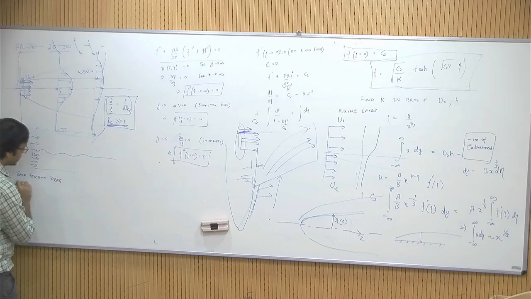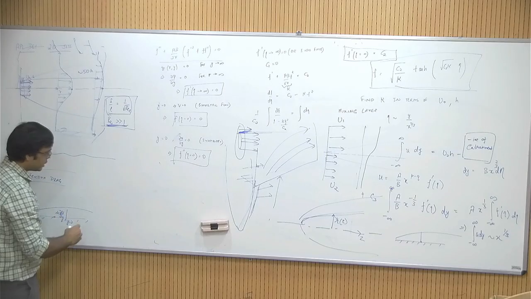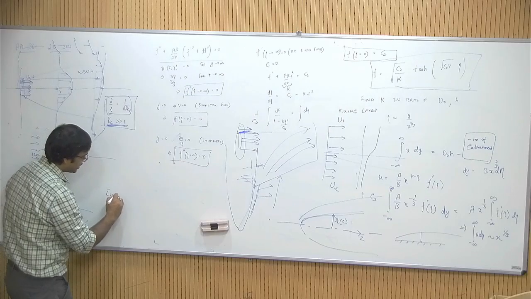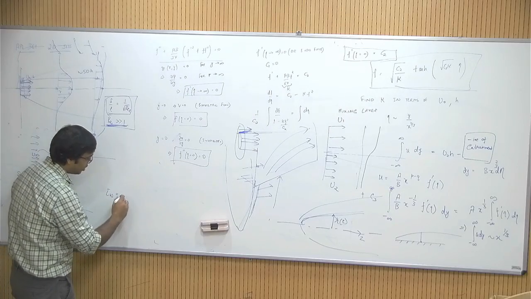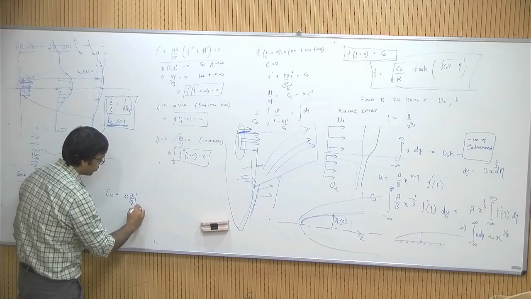If you look at your flat plate boundary layer, the skin friction drag is due to the shear stress here, mu del u by del y at y equal to 0, and this quantity is called your shear stress at the wall, usually written as tau w.